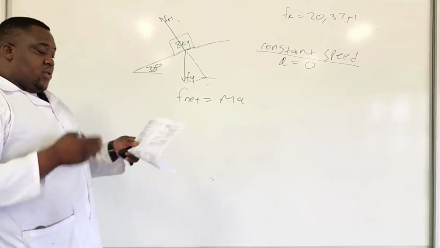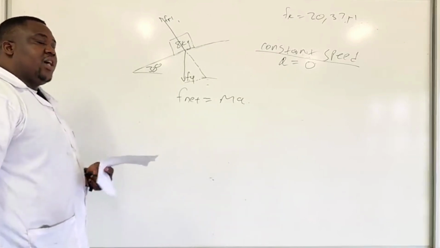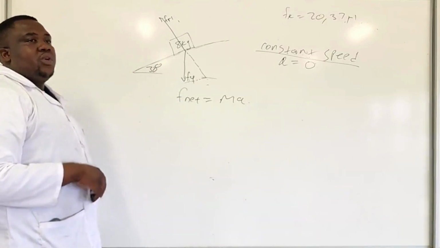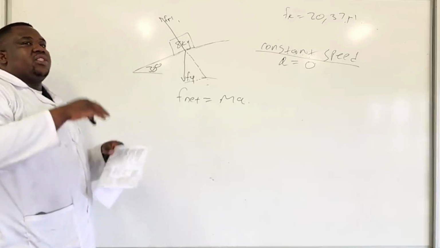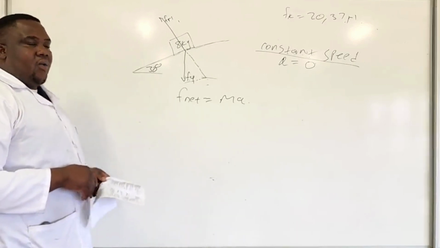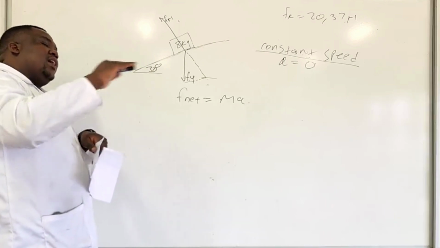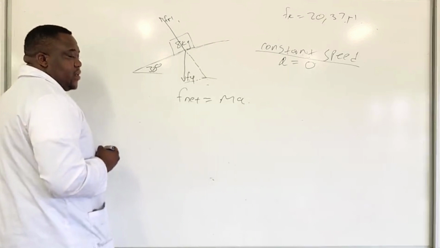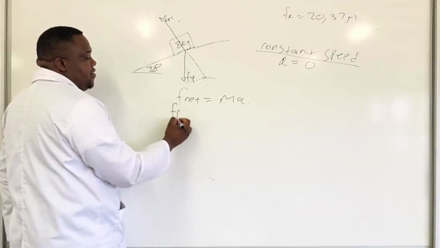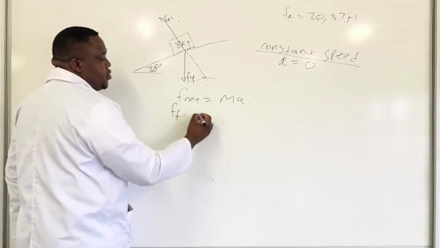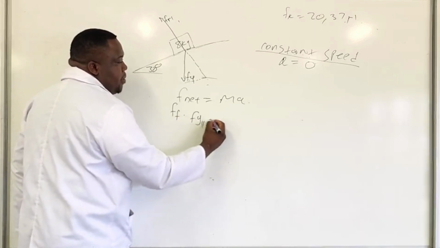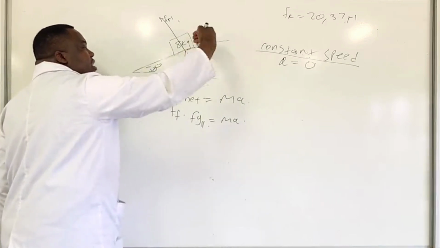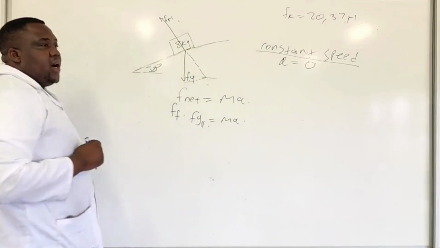Since we are told that the applied force was removed and the object began to move down, we check how many forces parallel to the surface are acting there. The first force acting will be the frictional force. The second force will be mg parallel, then ma. There's no other force acting parallel to the surface when this object is moving down.